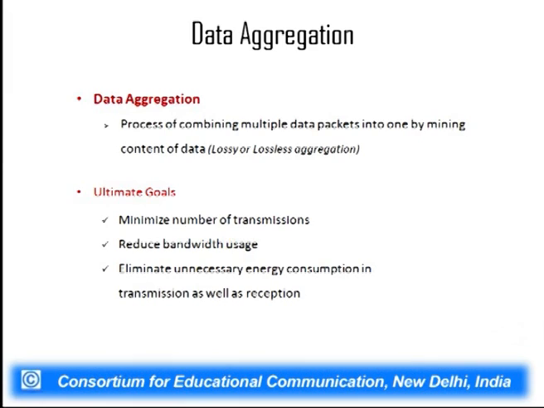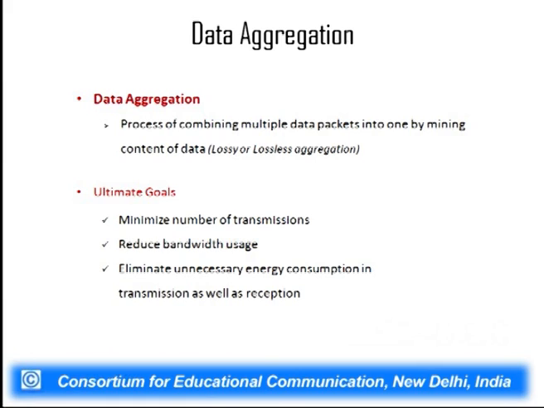So let's see now what data aggregation actually is. There are two types of data aggregation, lossy and lossless. Depending upon the type of application, if it can tolerate some data getting lost, then it's fine. We call it lossy aggregation.